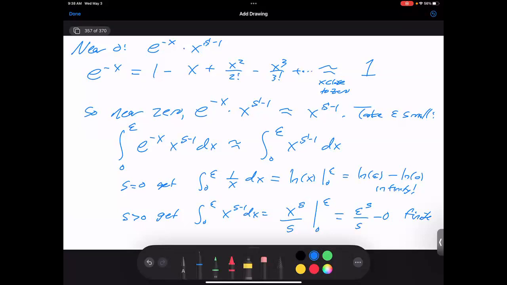So as long as s is greater than 0, this integral is going to be finite. So again, this is a chance to review some of our stuff on convergence of series, convergence of sequences. We're doing a comparison test. I know the harmonic series 1 over n. That's one of my go-to divergent series. So if I take s equals 0, I've got x to the negative 1, that blows up. Okay.